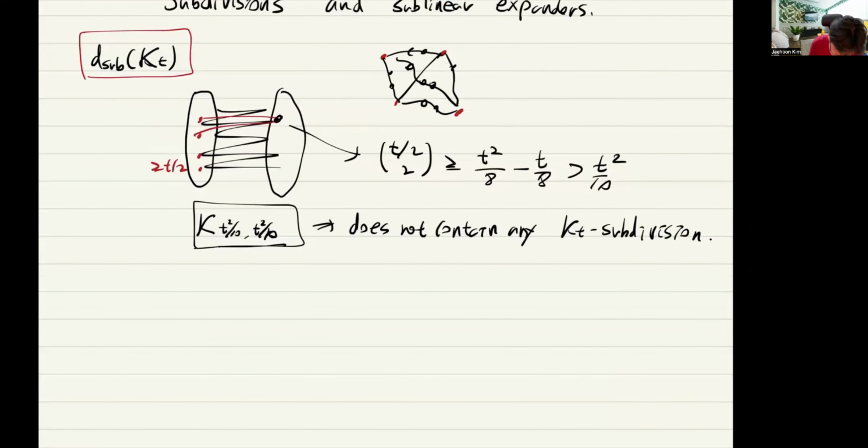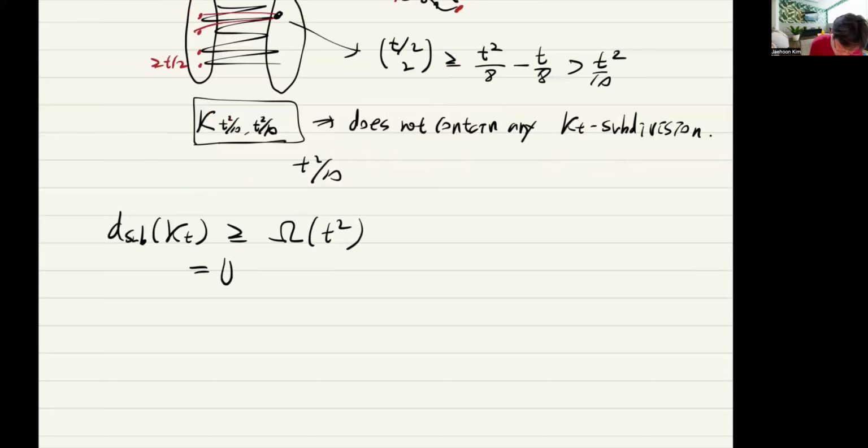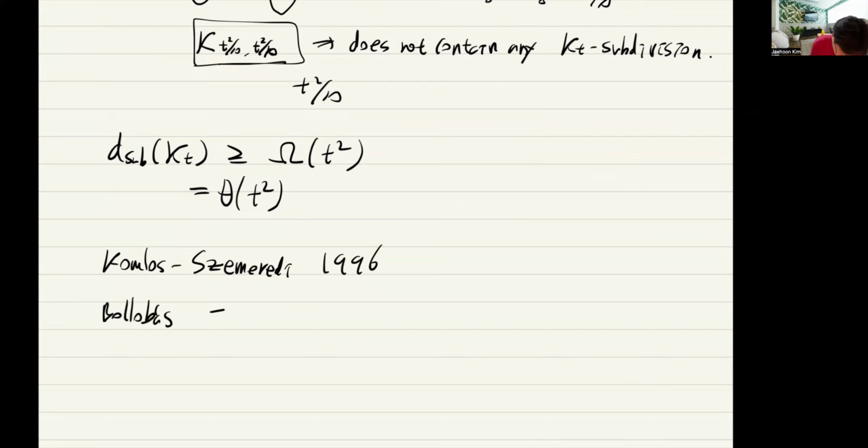And this has average degree T squared over 10. So it suggests that the answer is some constant times T squared. Indeed, this is the right order, a power of T squared. It was shown by Komlós and Szemerédi in 1996, and independently by Bollobás and Thomason, also Kühn and Osthus in 1998.